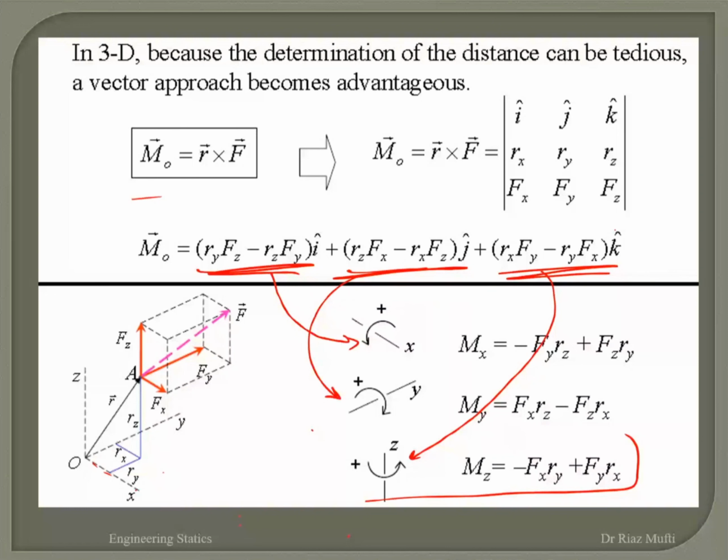Sir, I have a question. Yes? Sir, before this lecture, we were talking about clockwise and anti-clockwise movements. In this lecture, we learned that the actual direction of the torque is perpendicular to both the distance, moment arm, and force vector.